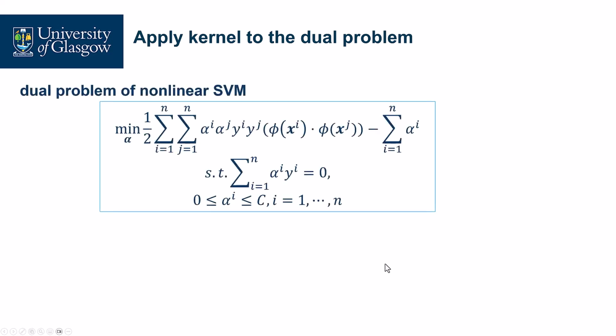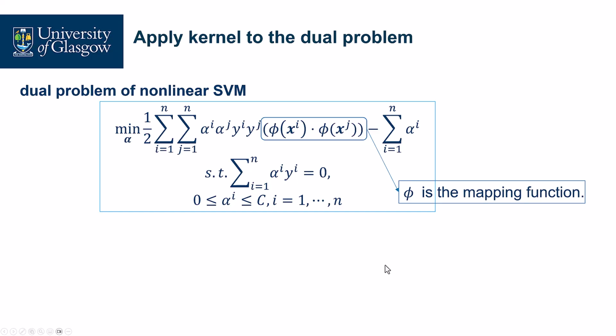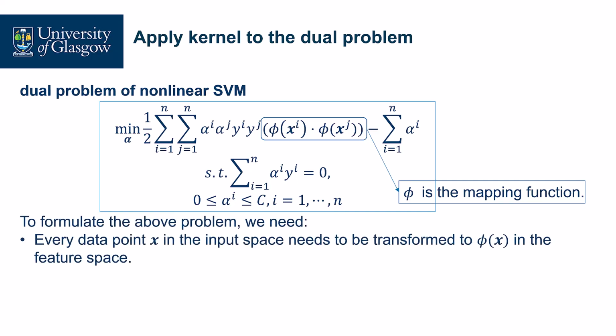So with the mapping function and the new dual problem for nonlinear SVM, clearly we can solve this problem. But to solve it, we indeed need some effort. First of all, for each data point xi, xj, etc., in the input space, we need to apply the transformation function, the mapping function phi of x.